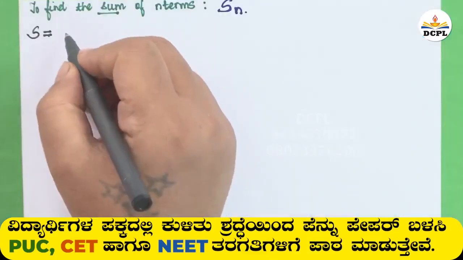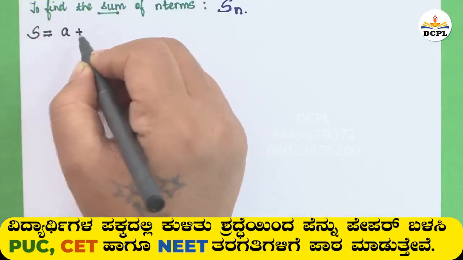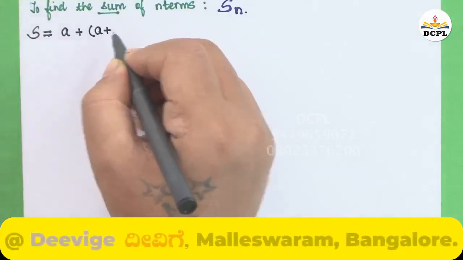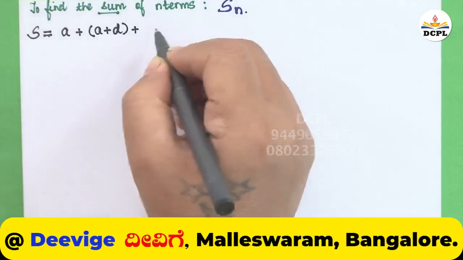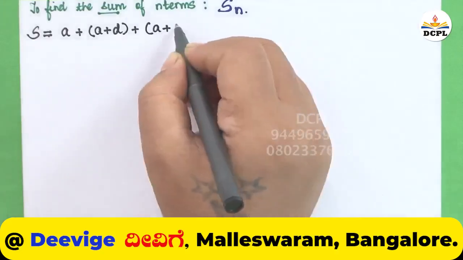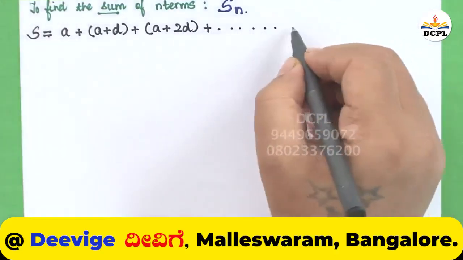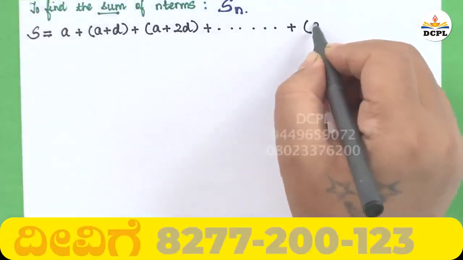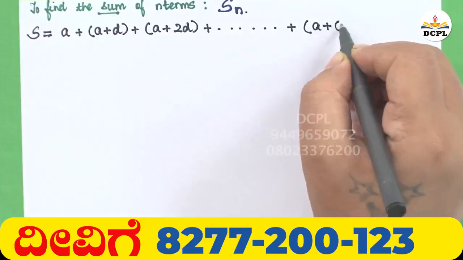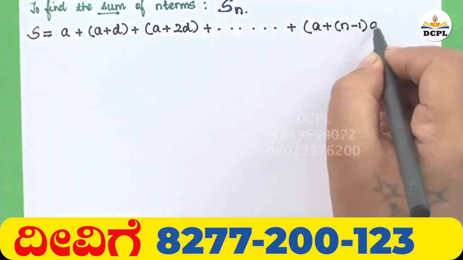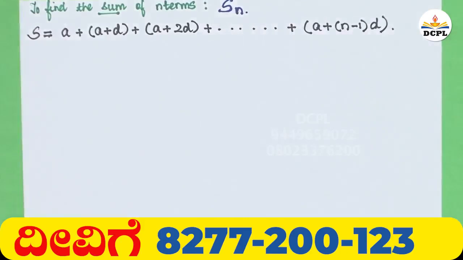So it turns out to be a plus a plus d plus a plus 2d and so on, finally plus the last term, which can be got by writing a plus n minus 1 into d, correct?